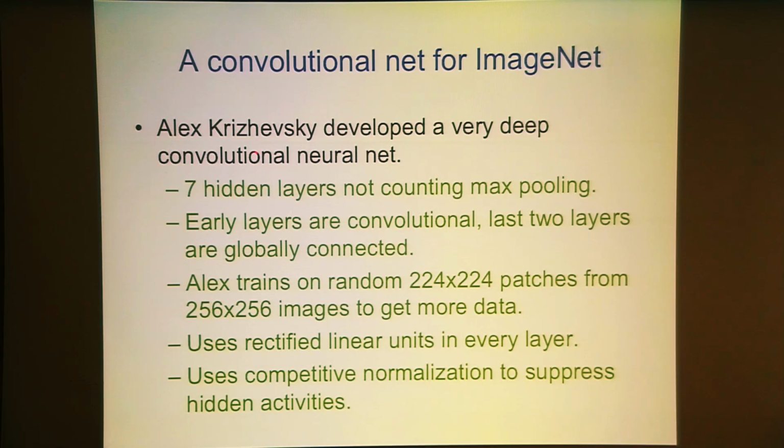So essentially, Alex Krizhevsky developed his own version of Yann LeCun's kind of deep neural net, which has a number of extra tweaks to it. All the layers use rectified linear units. He first downsamples the images to 256 by 256 by doing some cropping and a bit of downsampling, I think.